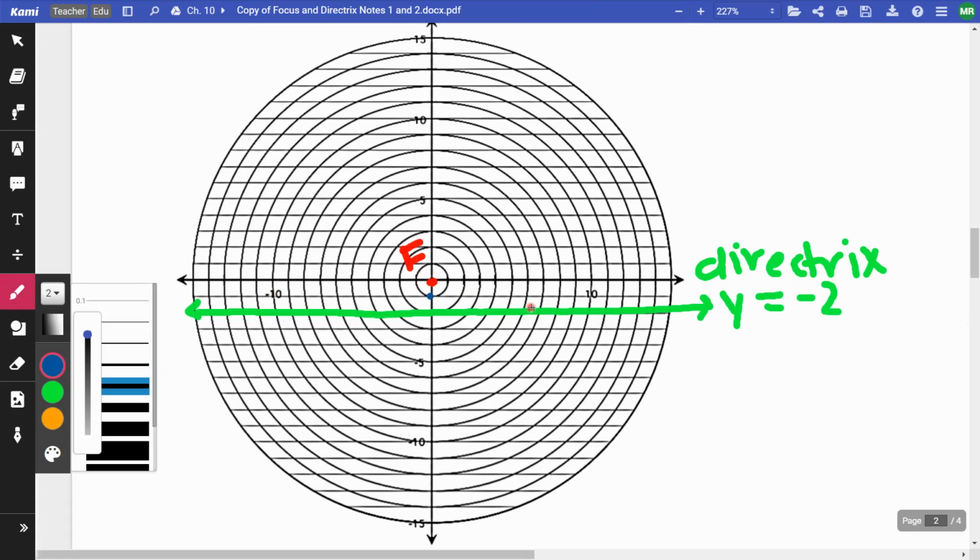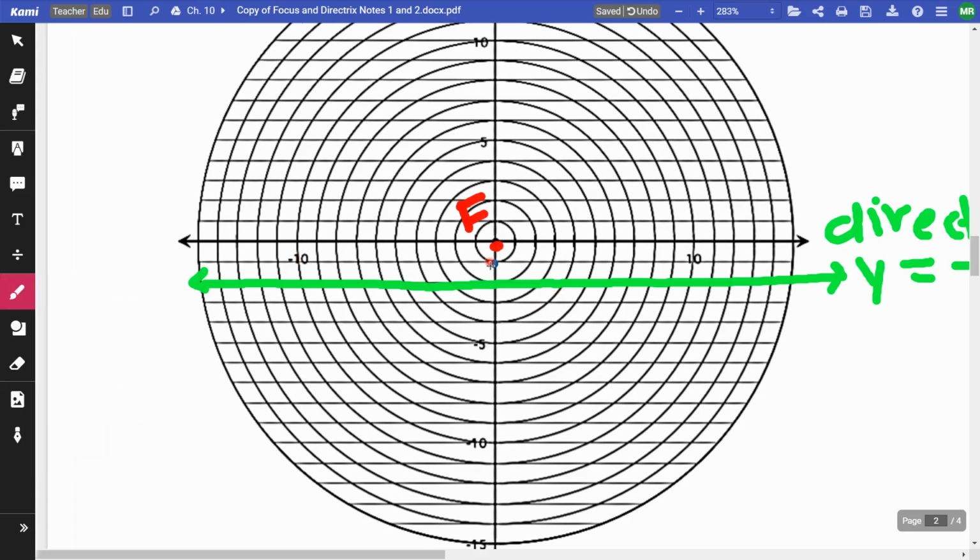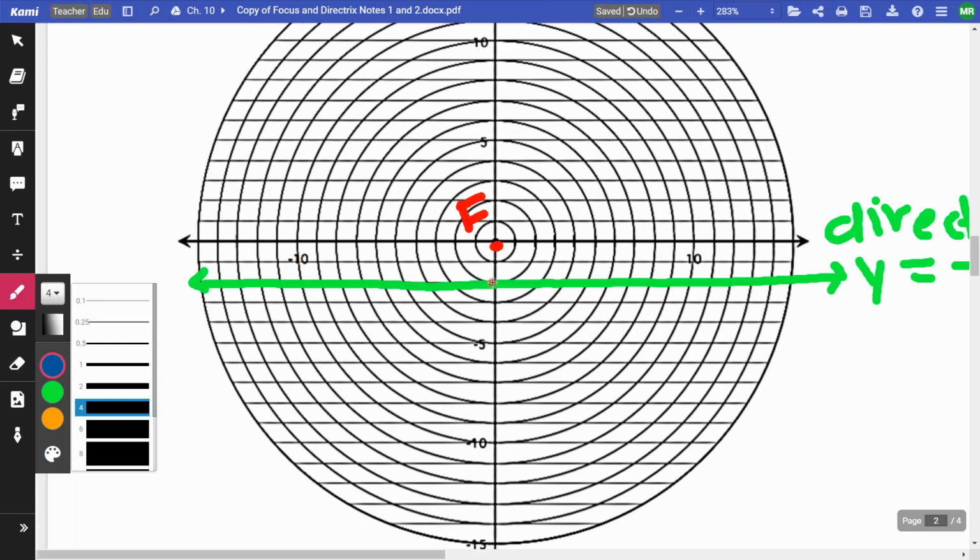Now I need a little bigger dot. So it's going to be halfway, which is going to be right here. Okay, halfway between those. I'll make it a little bigger so you guys can see it.